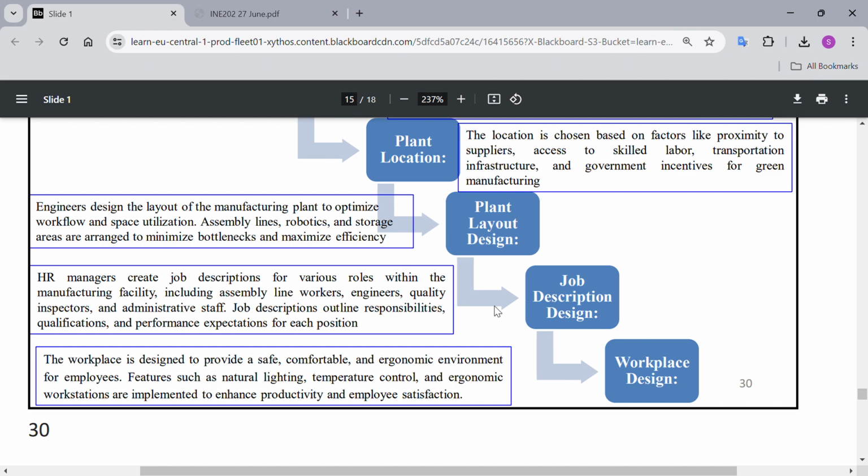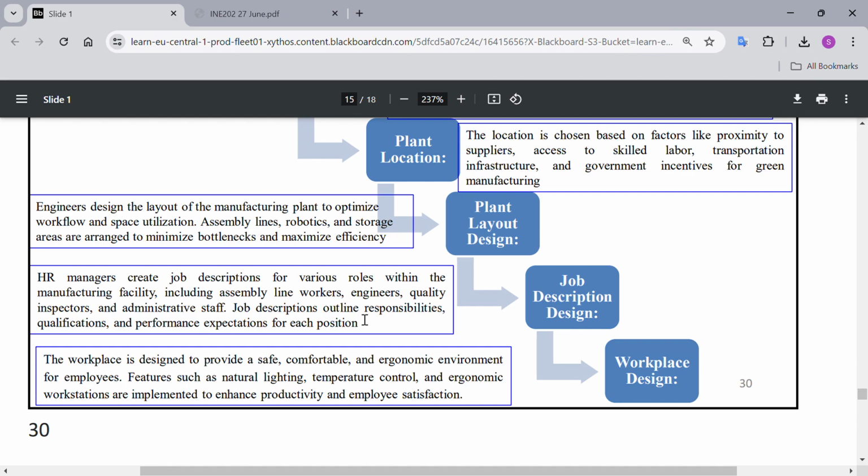And then after that, we're going to design the job descriptions. This is important. We're going to assign roles for engineers and laborers, and make sure their job titles are clear. And this is the job of the HR team. The managers create job descriptions for various roles within the manufacturing facility.